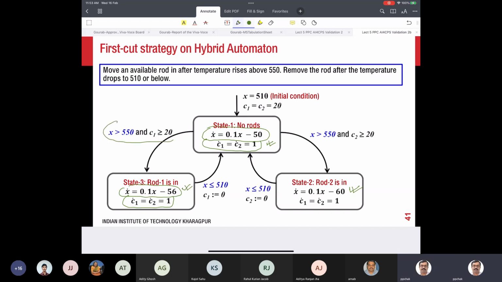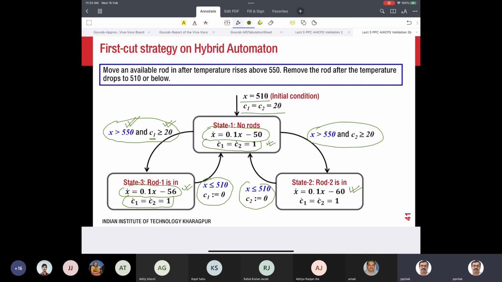These are the conditions under which the rods enter, and these are the conditions and assignments under which the rods exit. So you enter into the system, and your initial times are this and your initial temperature is this. Then if your temperature exceeds 550 and the total time that rod 1 has been outside, C1, has exceeded 20 units, then rod 1 can be put in.